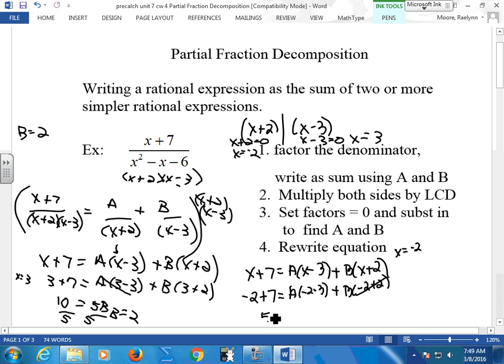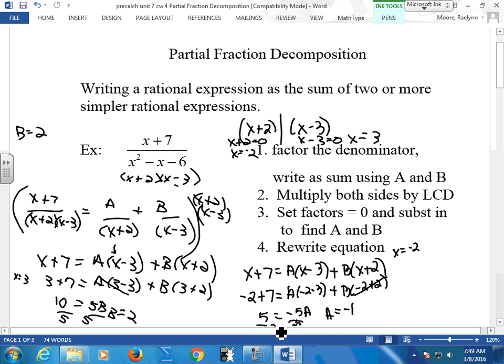So we get 5 is equal to negative 5A. And what's A equal to? Negative 1, right? A should be equal to negative 1. Divide by negative 5. I don't think I can fit this under here. Oh, no. Okay, so now we found A.